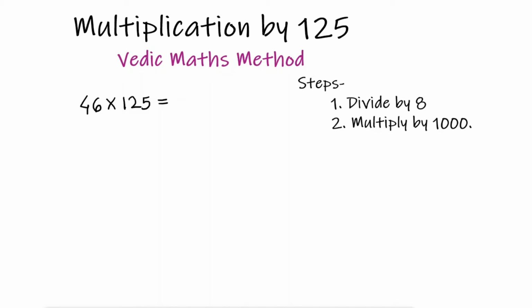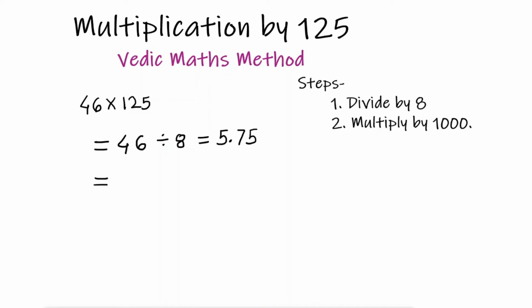Let's solve the problem. Now we have to use the steps. First step is divide the number by 8. The number is 46 and we have to divide it by 8. So what is the division? 5.75. This is the first step. Now the next step is multiply by 1000.